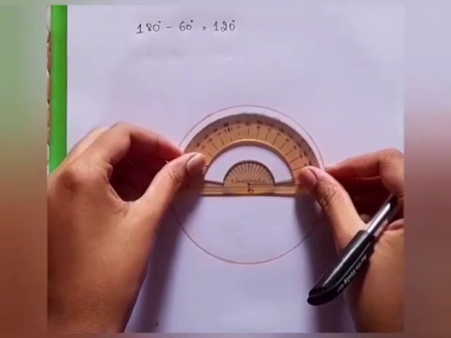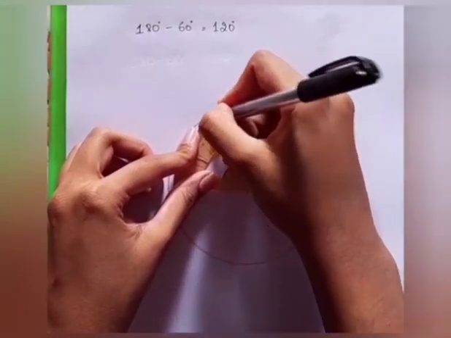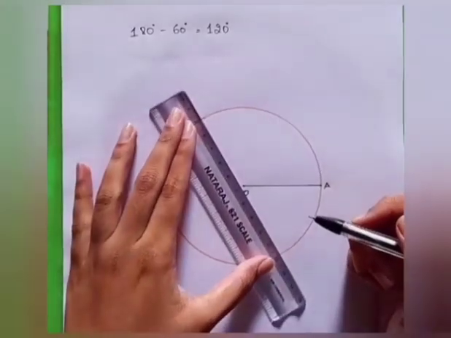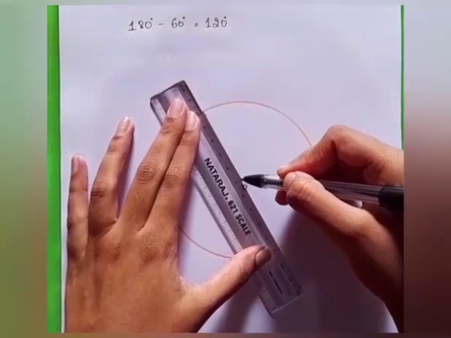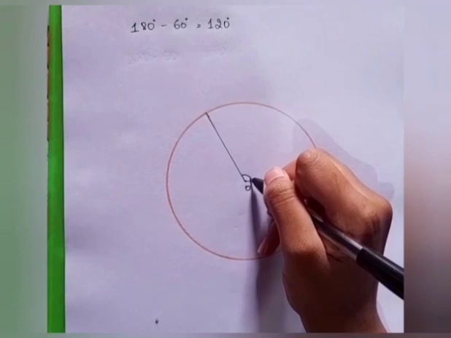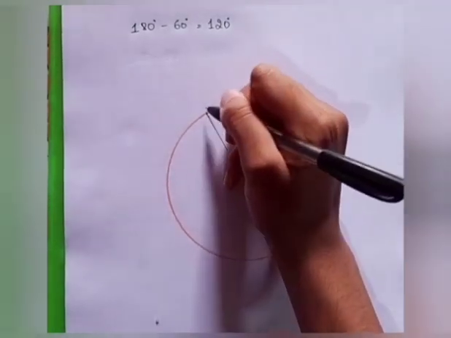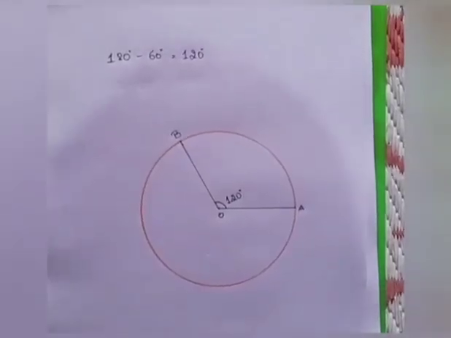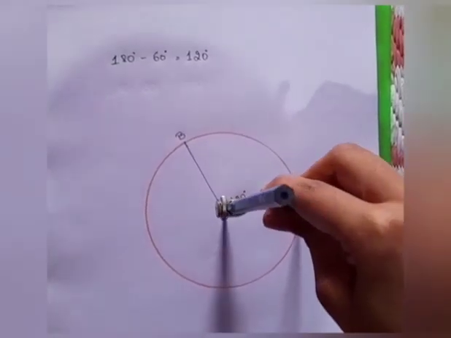Now take the protractor and construct an angle of 120 degrees. Mark the point as B. Now take the compass and keep it at the point A and draw the semicircle.